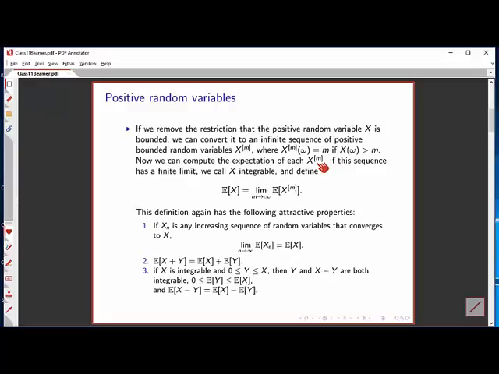Each xm is now a positive bounded random variable. We know how to calculate its expectation, and we define the expectation of x itself to be the limit of that quantity as m approaches infinity. I will be doing this limiting process for 3 or 4 different examples shortly.